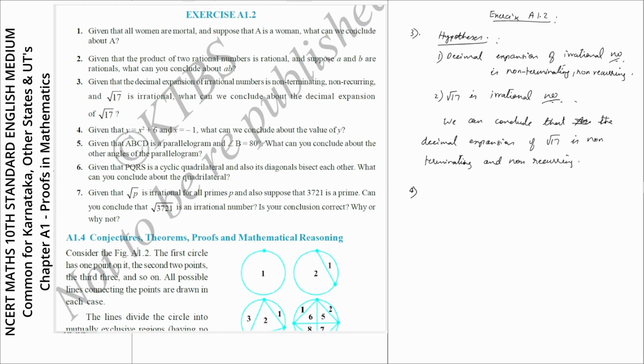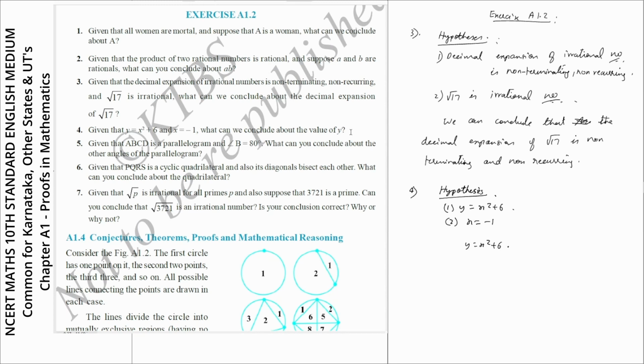Exercise A 1.2, question number 4. Given that y is equal to x square plus 6 and x is equal to minus 1, what can we conclude about the value of y? What are the hypotheses given in this question? First one is y is equal to x square plus 6, and the second hypothesis given is that x is equal to minus 1. Now y is equal to x square plus 6, right?